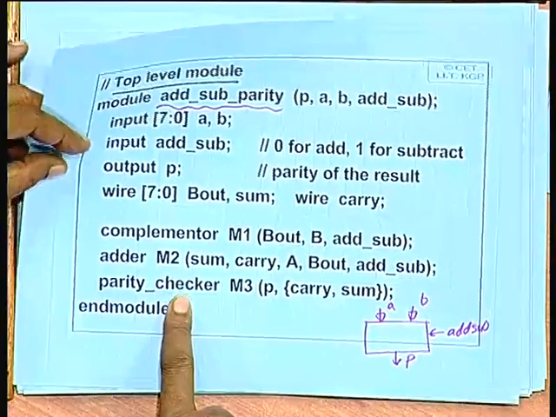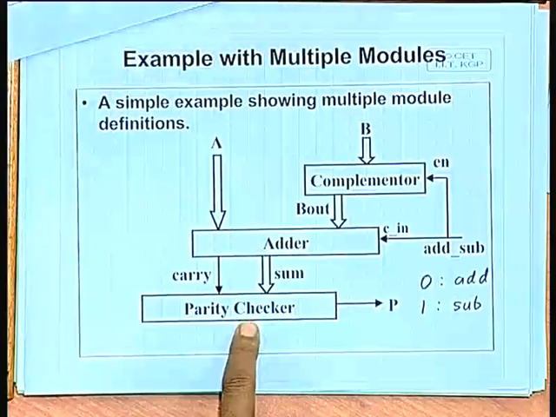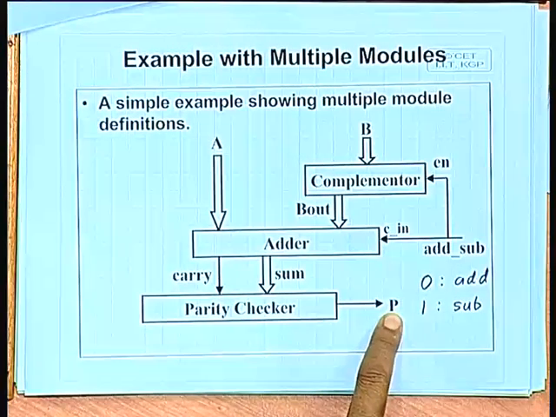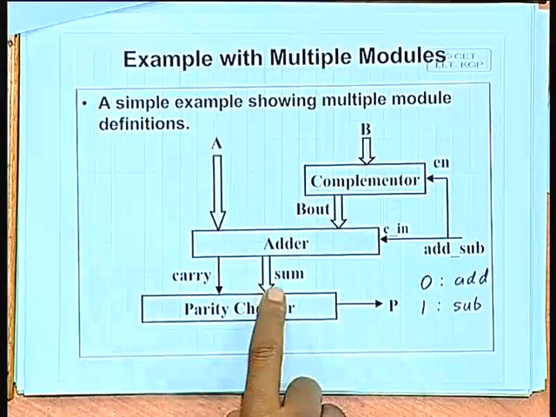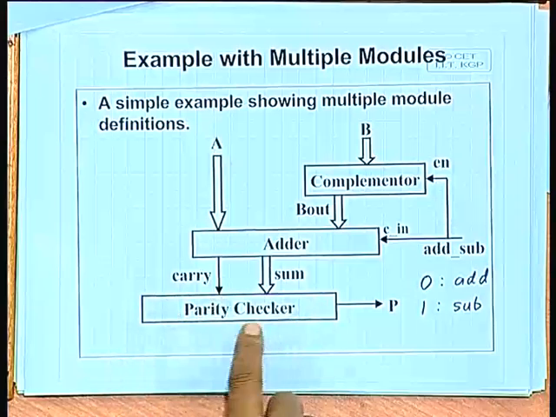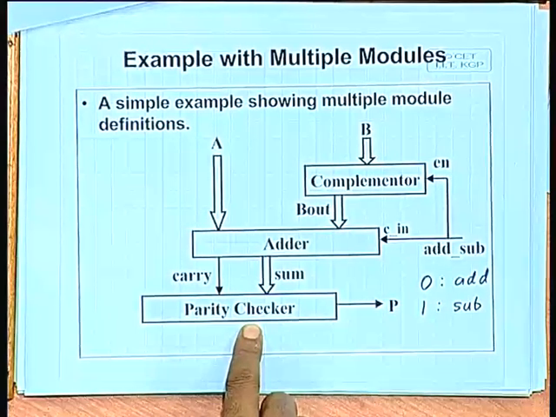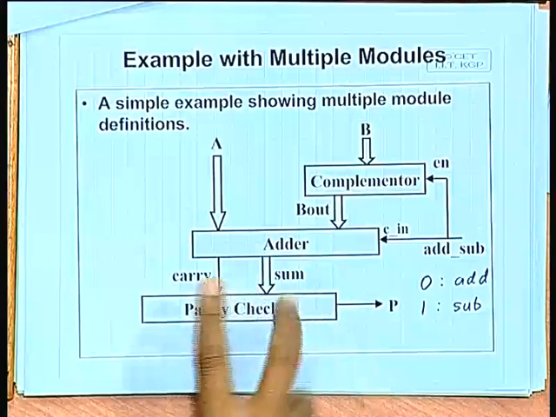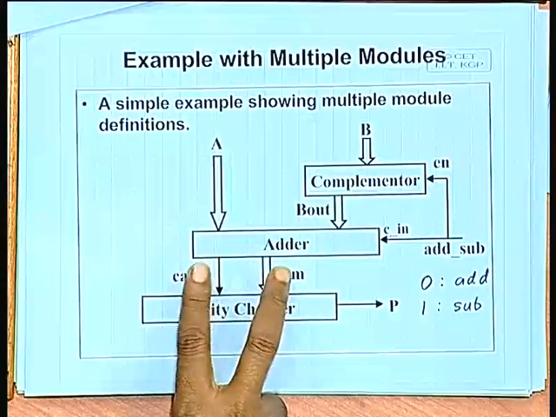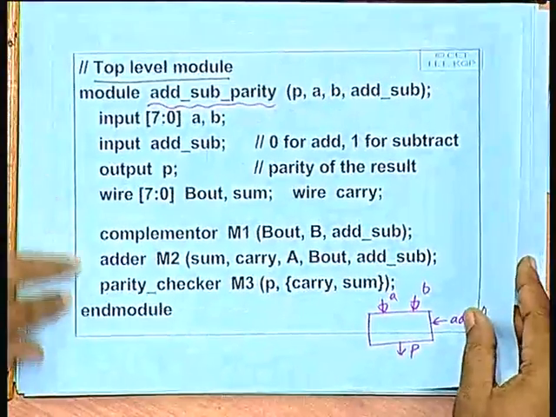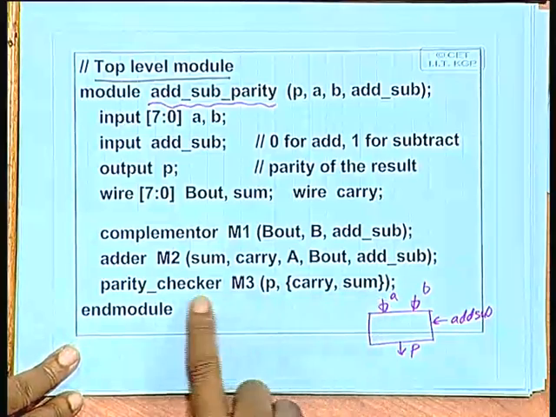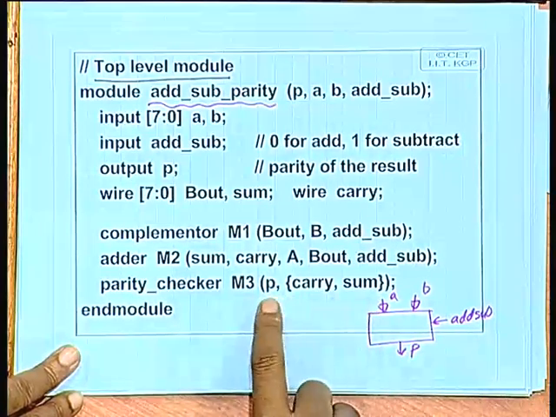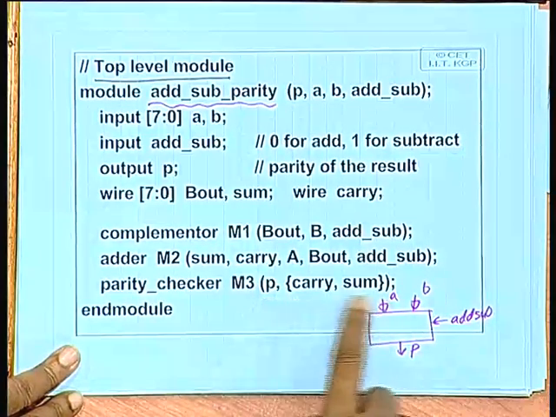Similarly, the parity checker will have one output P, and the input will be sum and carry. The way we have declared the parity checker, we have accepted only one single 9-bit input. So, the input will be the concatenation of these two. Parity checker takes two parameters, one is P, the other is the concatenation of carry and sum.